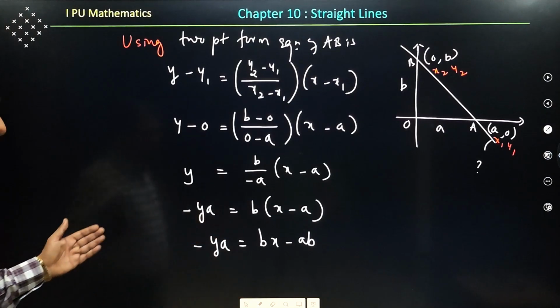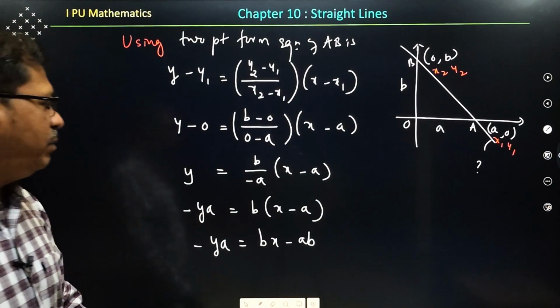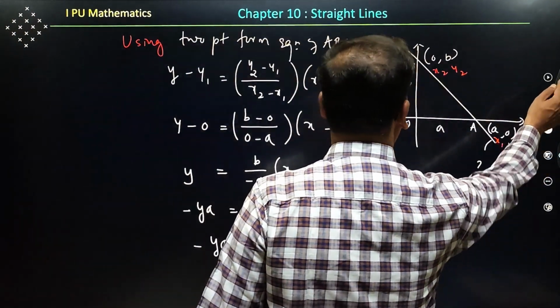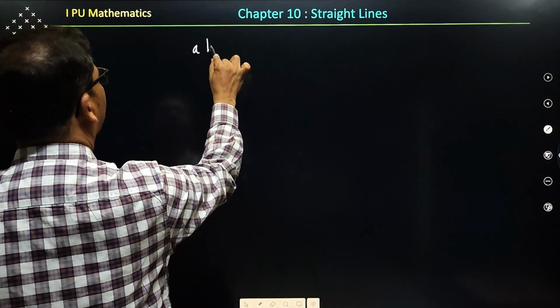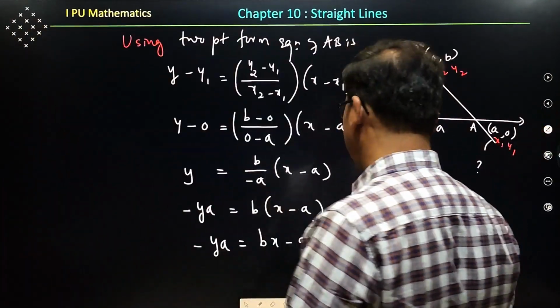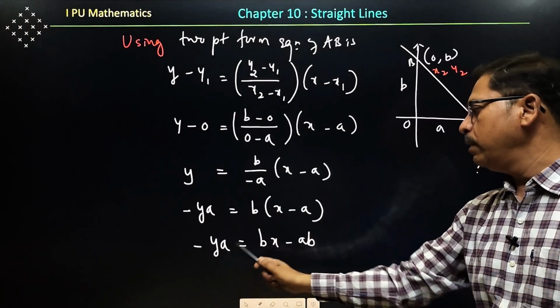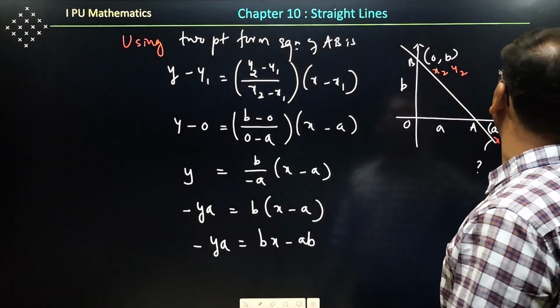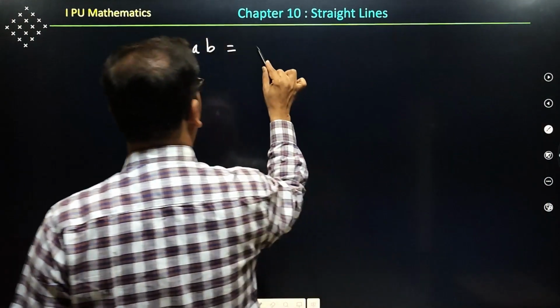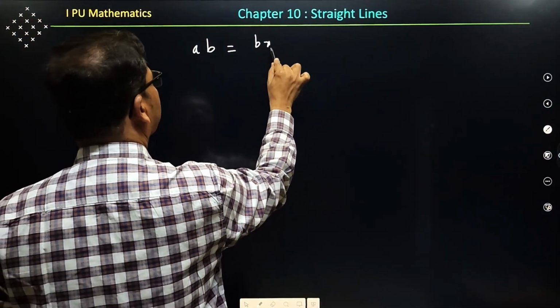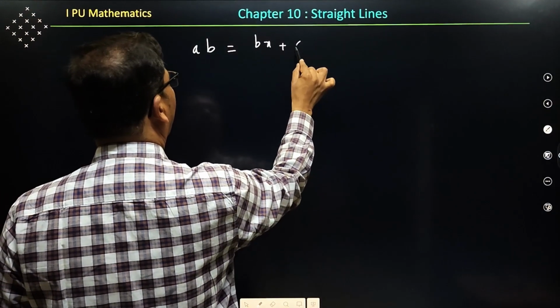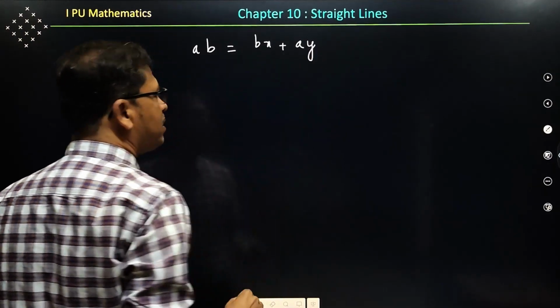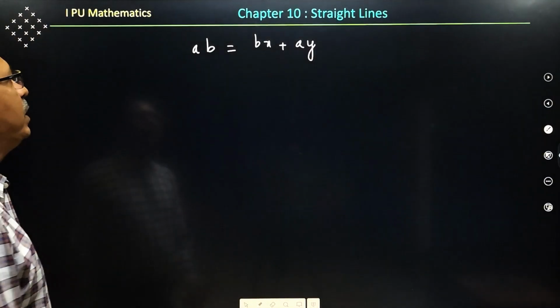Shift minus AB to this side, shift y to that side. So AB is equal to BX plus YA, or you may write AY, YA both are the same.